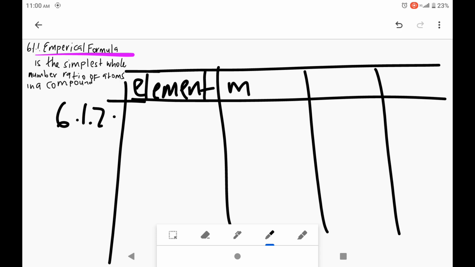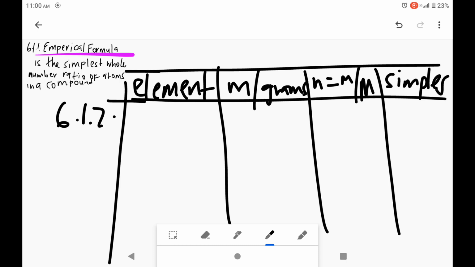We're going to use the formula number of moles equals mass divided by molar mass, and we're going to have the simplest whole number ratio.